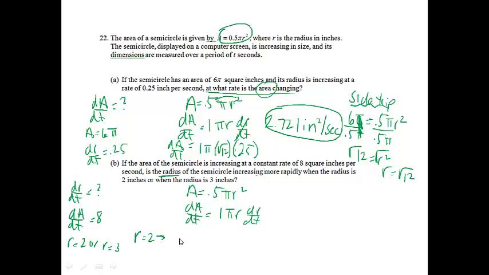If r is equal to 2, I'm going to have dA dt as 8, and then I'll have 1 pi times 2 dr dt. Okay, to get dr dt, I'll do 8 divided by 2 pi. Please remember when you do this on your calculator, put the 2 pi in parentheses, and when I do that, I'm going to get 1.273 inches per second.